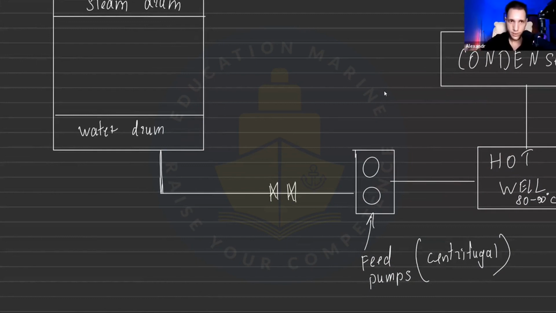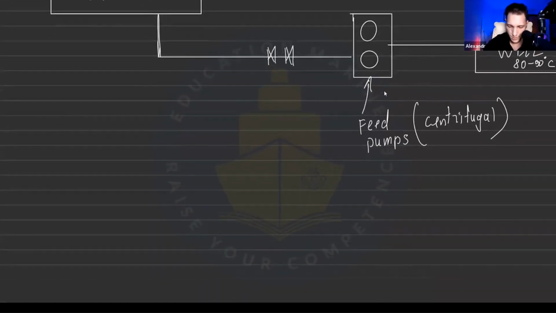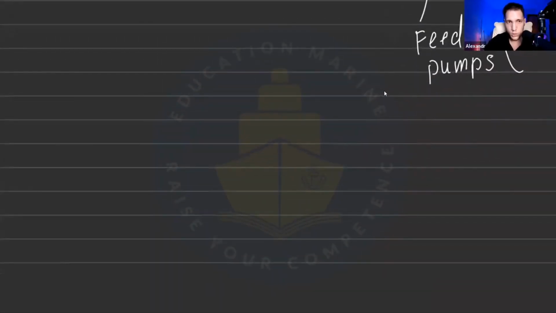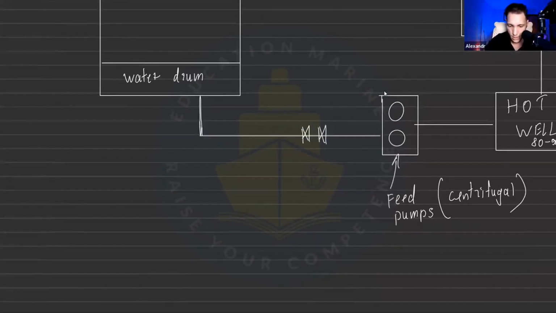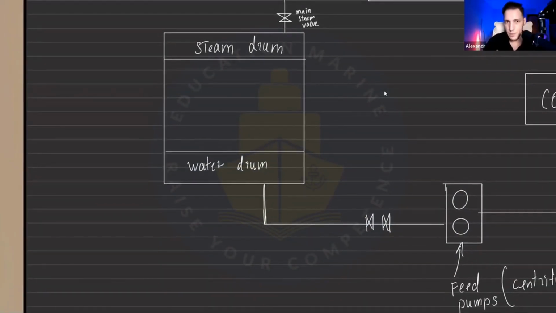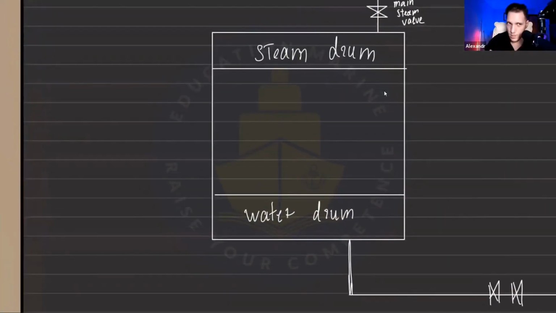So how do we regulate the level of water in our boiler? We have two options. If we talk about the DP transmitter, I told you that I will explain what it is. Generally, a DP transmitter is a device. Let's imagine that this is your DP transmitter.